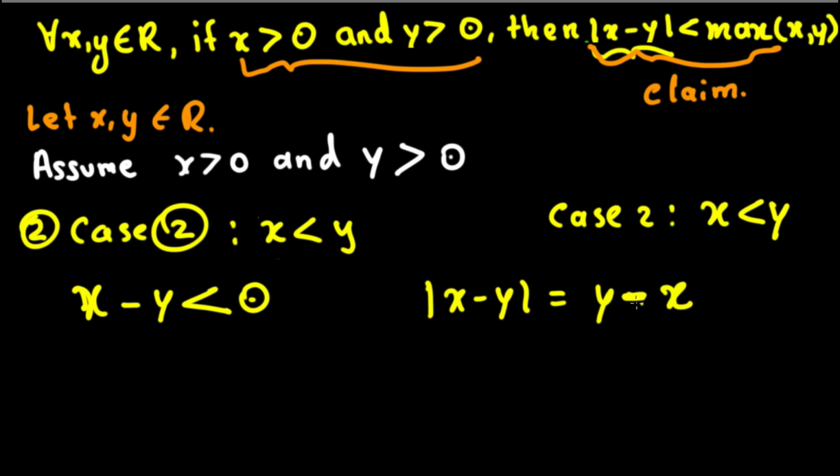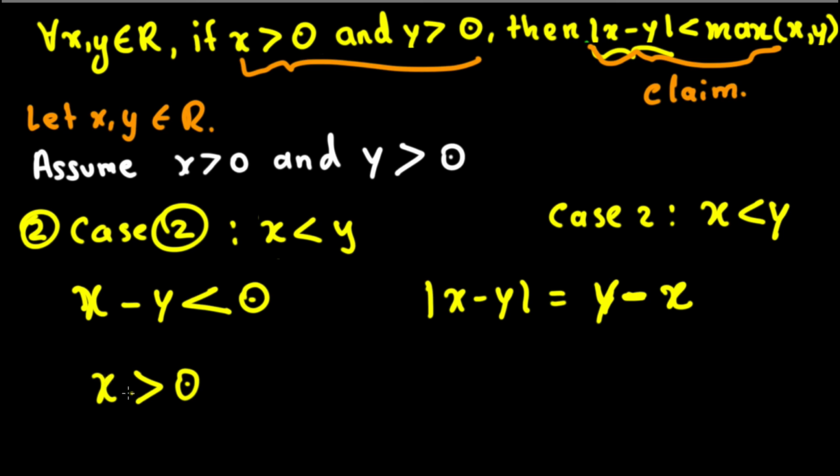We know that x is greater than 0. If we add y to both sides, is it going to help? Let's see.